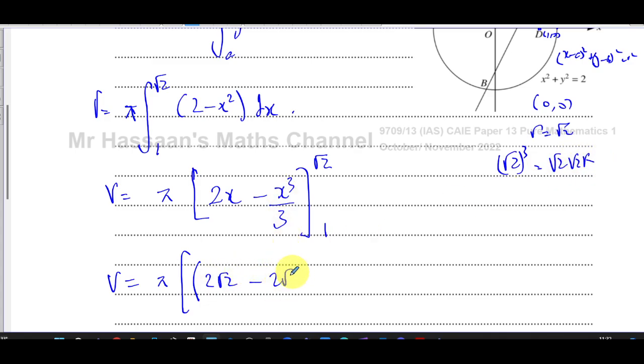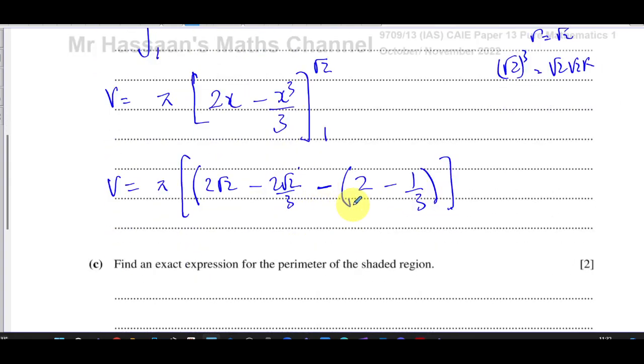So this is minus 2 root 2 over 3, minus, and then I'll put 1 into here. So we're going to have 2 times 1, which is 2, minus a third. Okay, so that should give us our answer. So you have pi times, 2 root 2 minus 2 root 2 over 3.